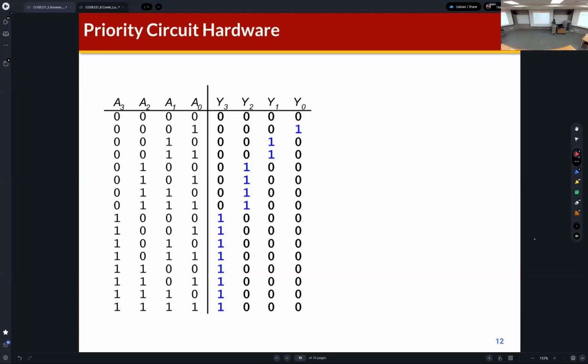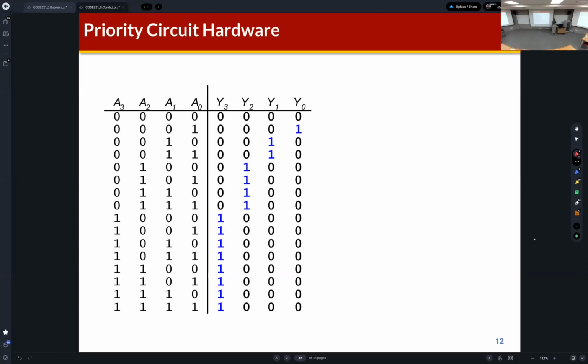But actually, we can generate the simplified Boolean equation intuitively. What does that mean? We can easily generate the simplified Boolean equation from this truth table intuitively, not using the SOP form, POS form, or Boolean algebra theorems.